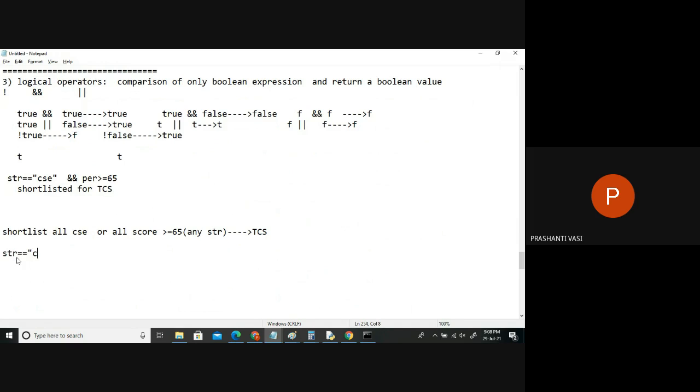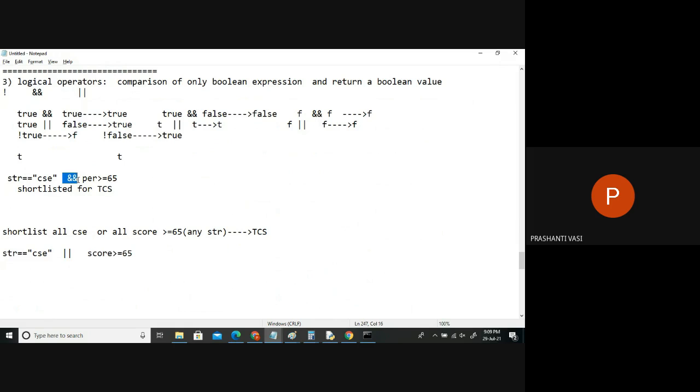Is it mandatory, or it can be CSE, otherwise their score should match. Somebody can be CSE as well as have a 65 score, that is also satisfied. But if the person is simply CSE, they will not check his score. And if the person is not CSE, they'll check their score. So here we are giving an optional value: either this or this should be true. Both also can be true, but at least one should be true.